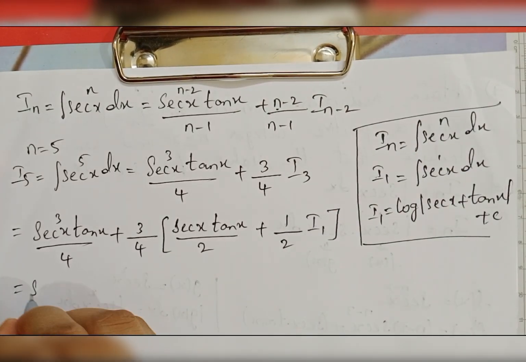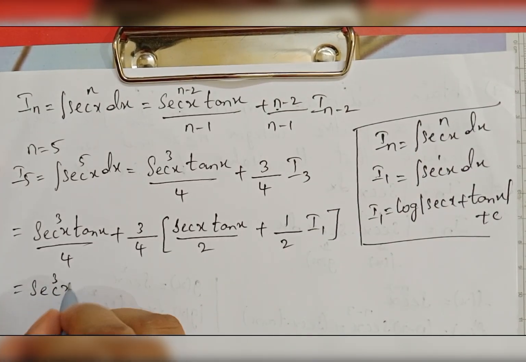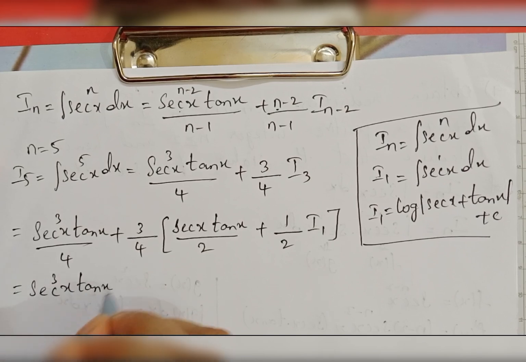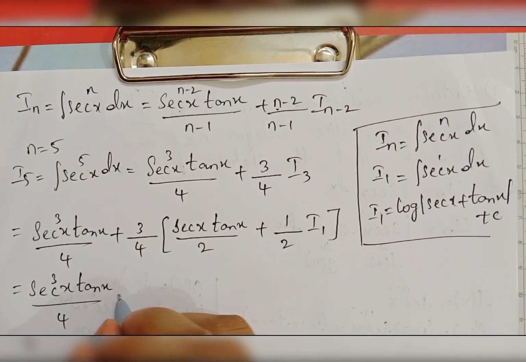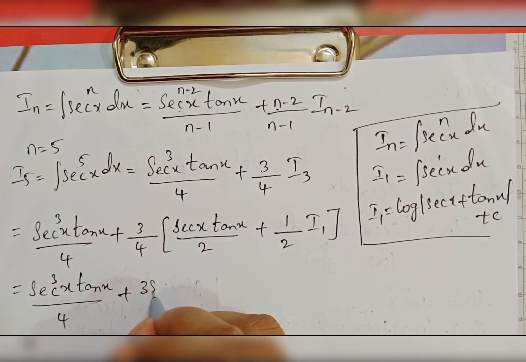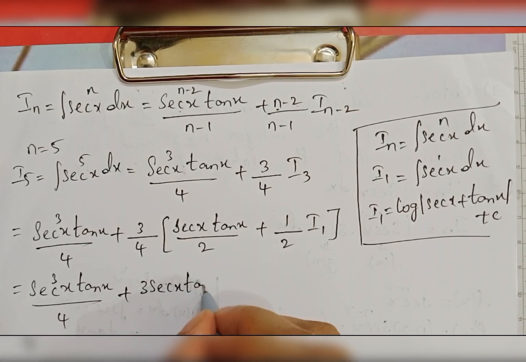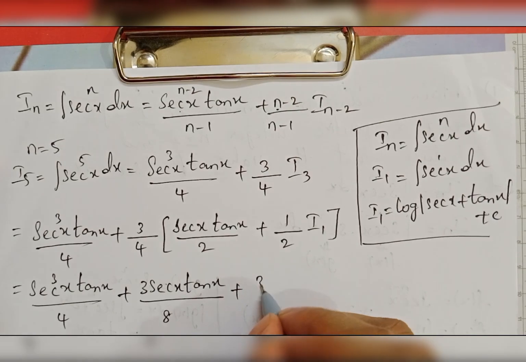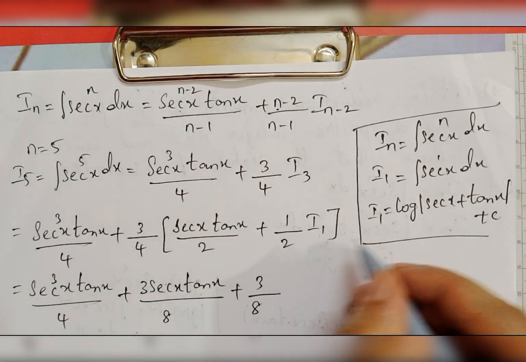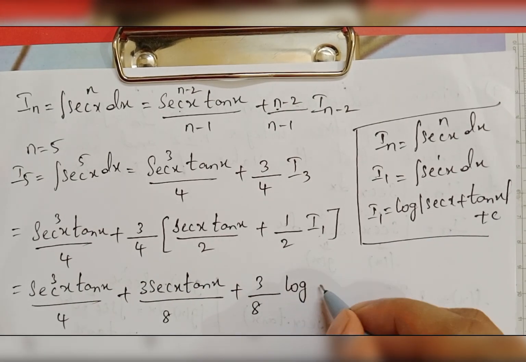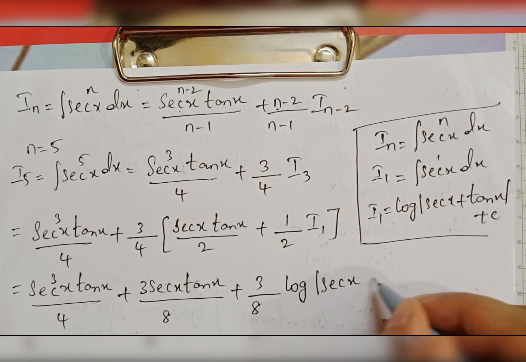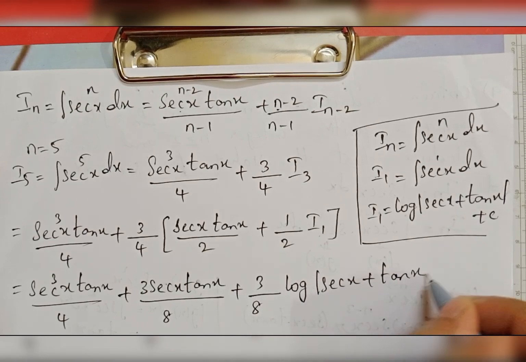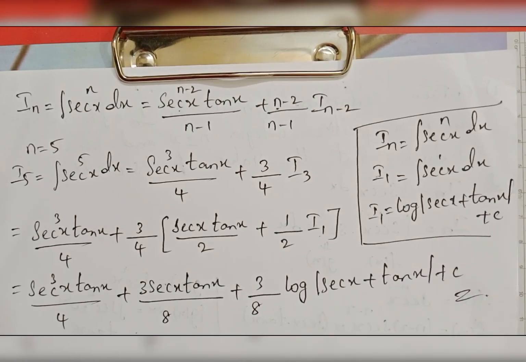We can write it as secant cube x tan x by 4 plus 3 secant x into tan x by 4 into 2, which is 8, plus 3 ones are 3 by 8 into I_1 value, which is log mod secant x plus tan x plus c. This is our answer.